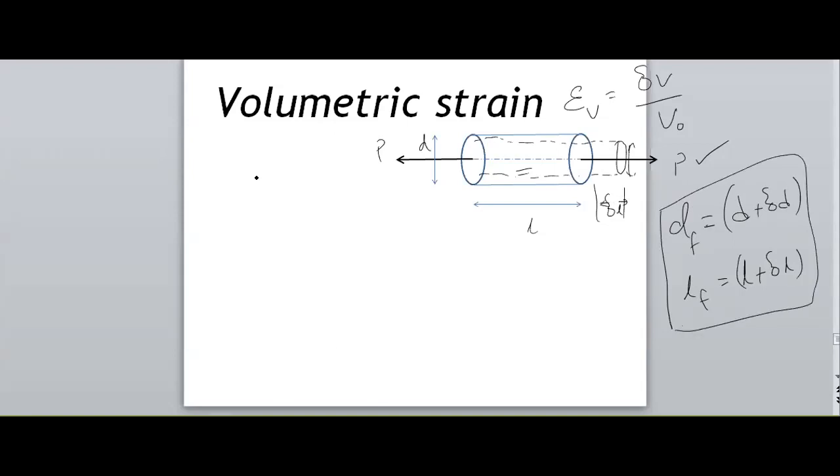Now I need the volumetric strain. It can be found by change of volume, that is final volume minus initial volume, by the initial volume. How to find the volume of a cylindrical bar?